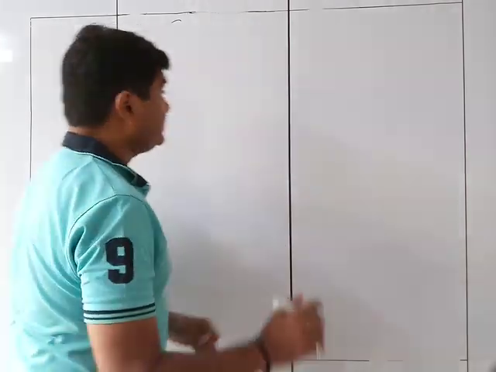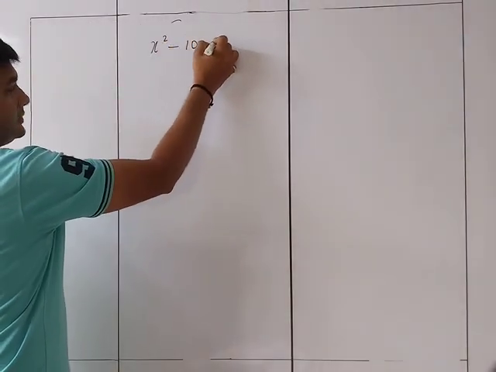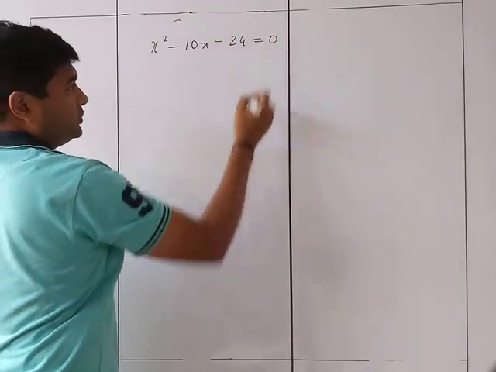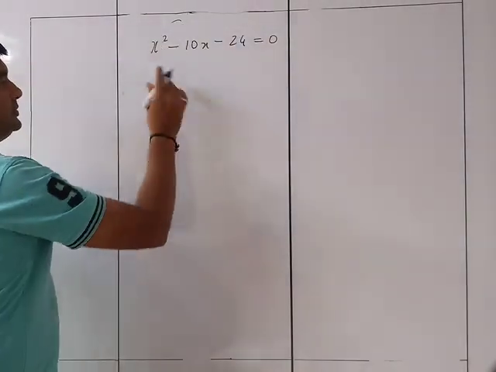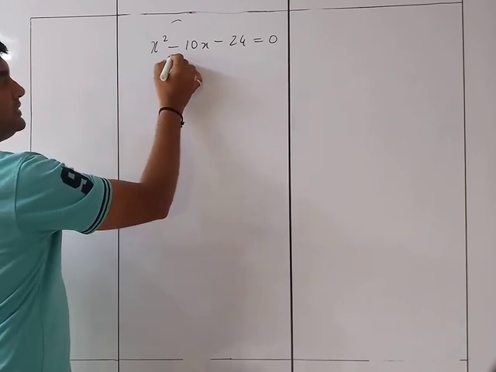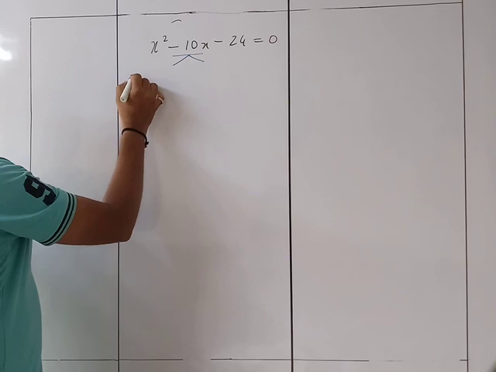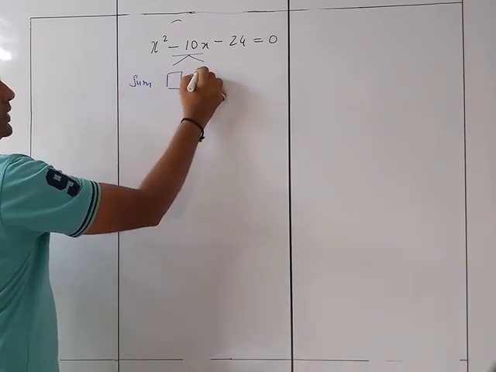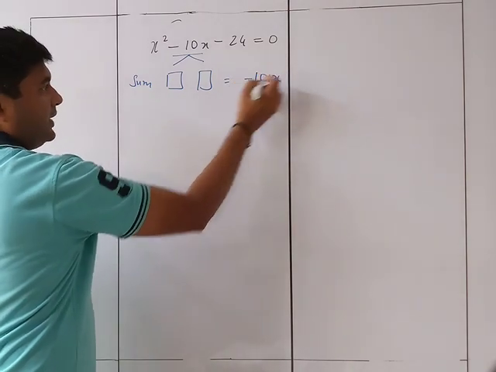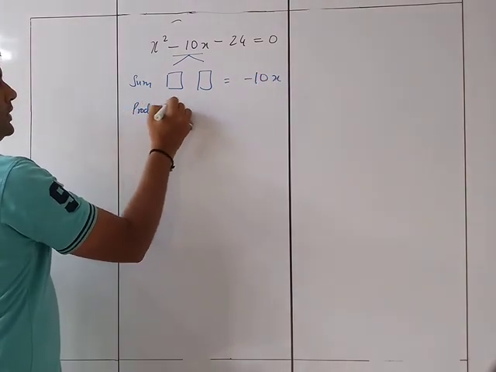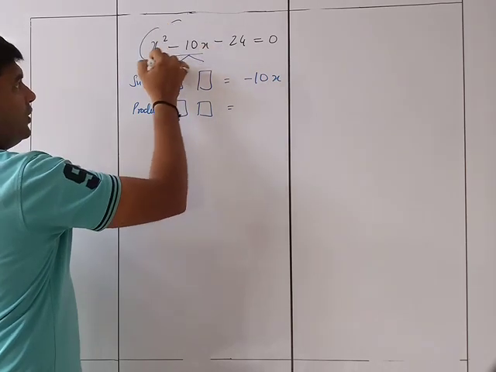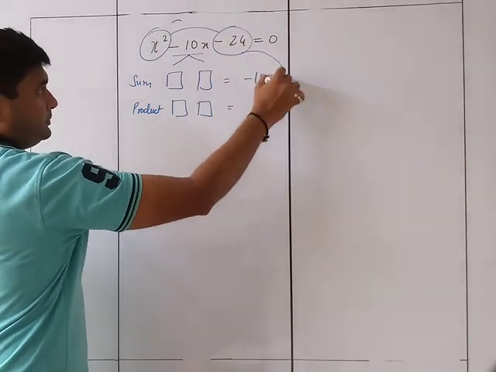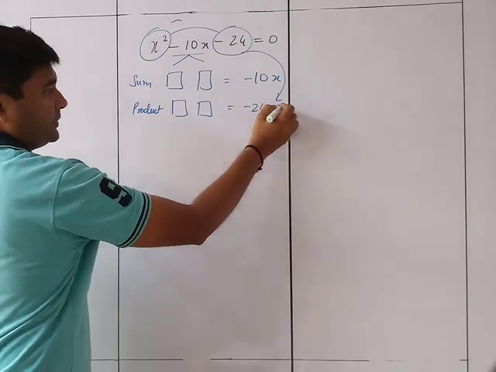So if we have an equation as x square minus 10x minus 24 is equal to 0, with respect to the splitting method, we need to split this into two parts such that the sum of the two parts is equal to minus 10x, and the product of these two is equal to the multiplication of x square and minus 24, which is nothing but minus 24x square.